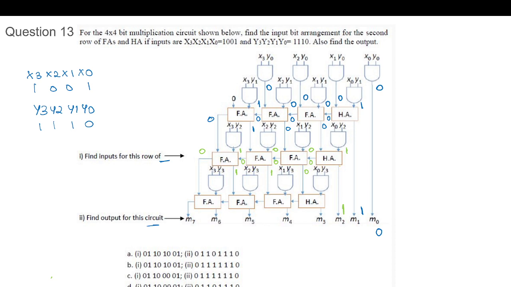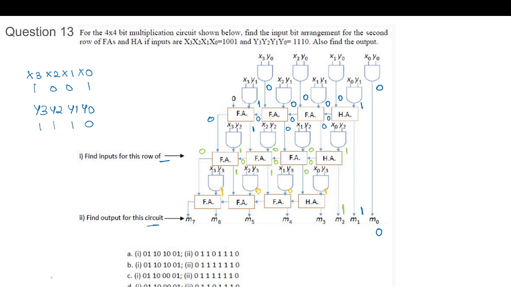So the next, x0 is 1, y3 is also 1. x1 and y3: x1 is 0, so this output should be 0 only. You can write it here itself, right? And x2 is 0, so no problem. x3, y3 is 1.